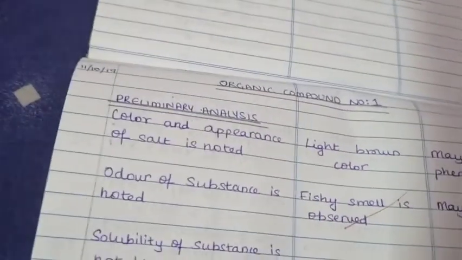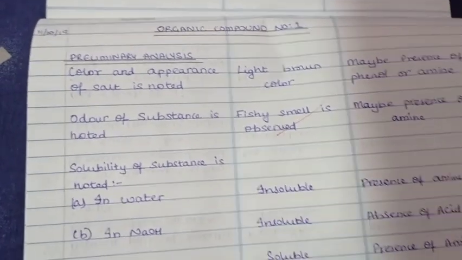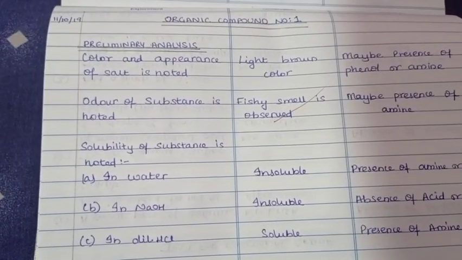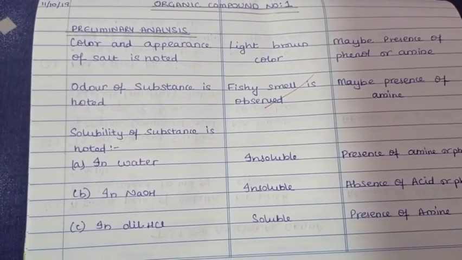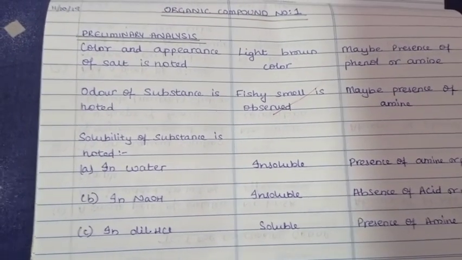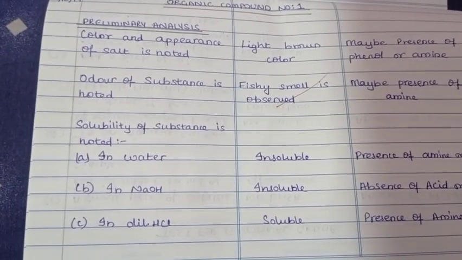On a page, write organic analysis, and move to the first compound. You have to write at least 5 compounds. Write organic compound 1, and in this manner continue. Don't forget to write organic compound number 1. The first one is preliminary analysis.